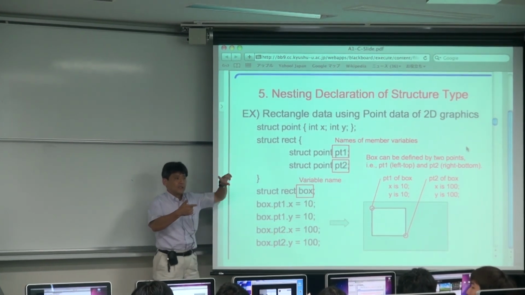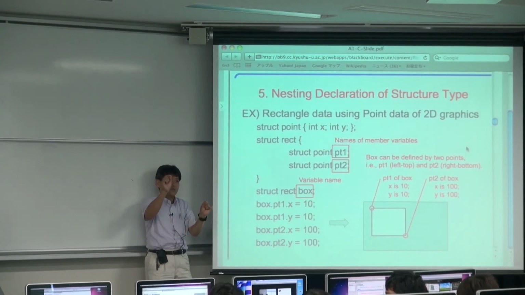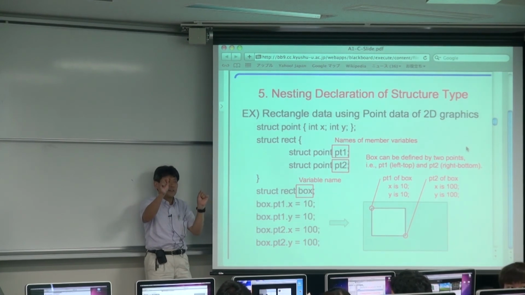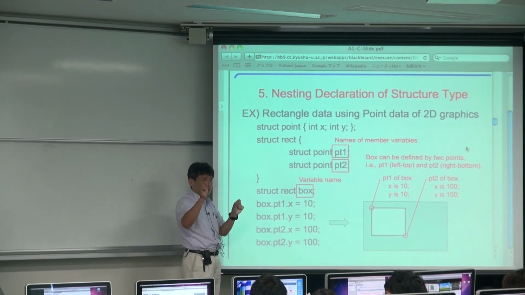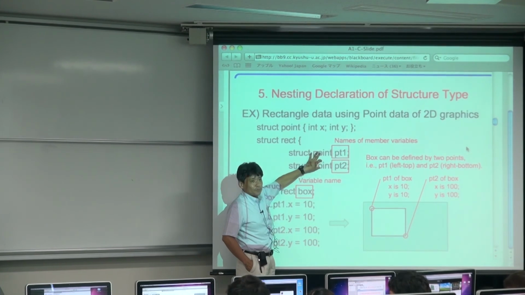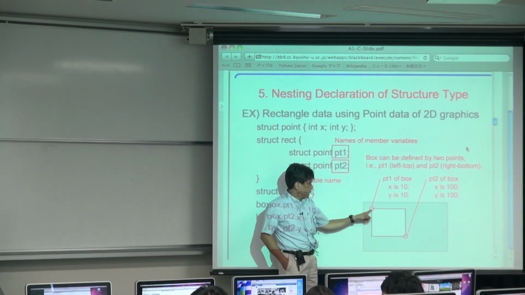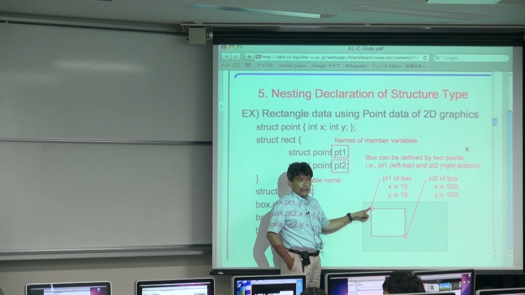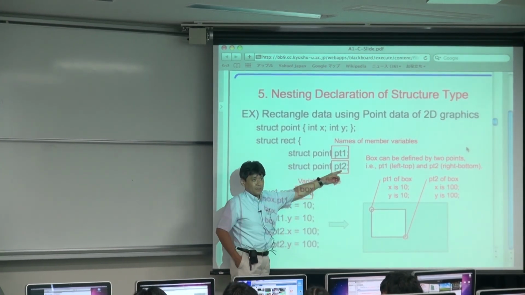A rectangle is usually defined by 2 points. Okay? Left top coordinates and right bottom coordinates. So such 2 points are defined using these 2 point structure type data, PT1 and PT2. Okay, so the left top coordinates correspond to this PT1, and this corresponds to this PT2. Okay.